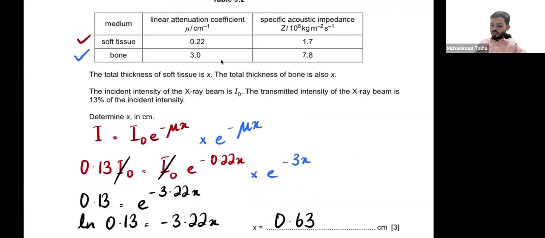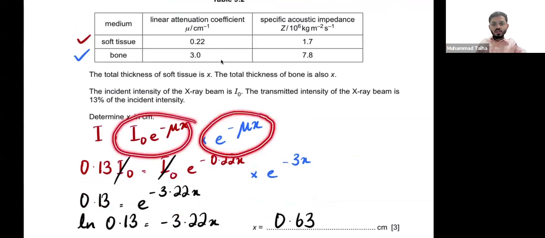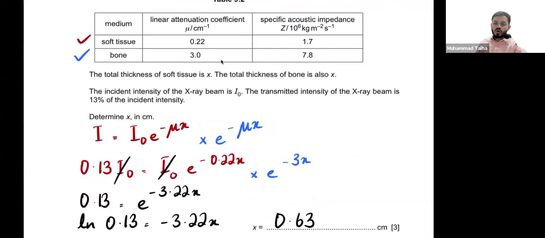Because I'm using soft tissue as well as bone, the idea is that these effects are compounded basically. Because the intensity which comes out of one of those then goes as the incident intensity on the other medium. Also, the order does not make a difference.